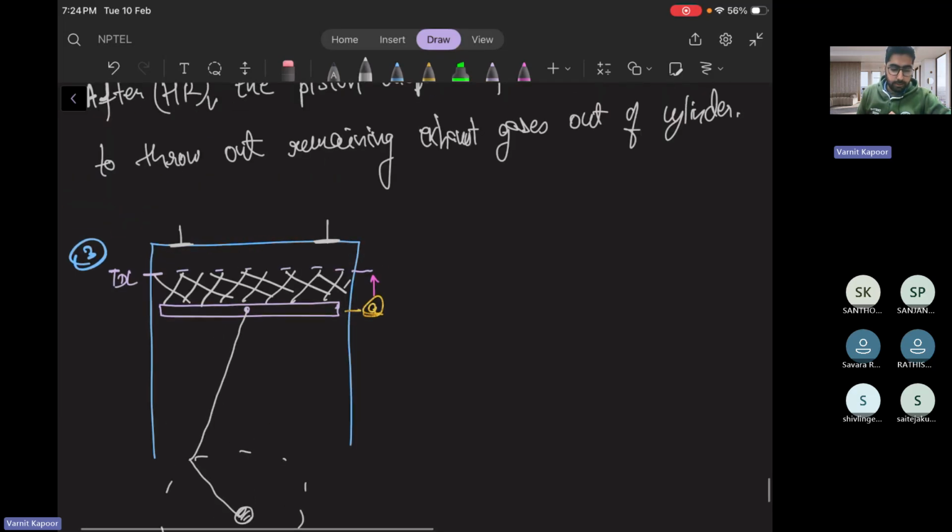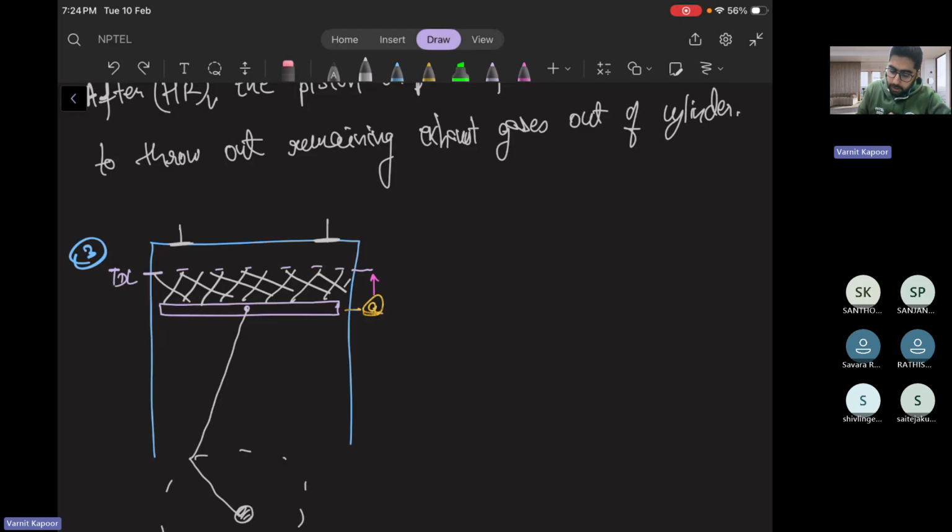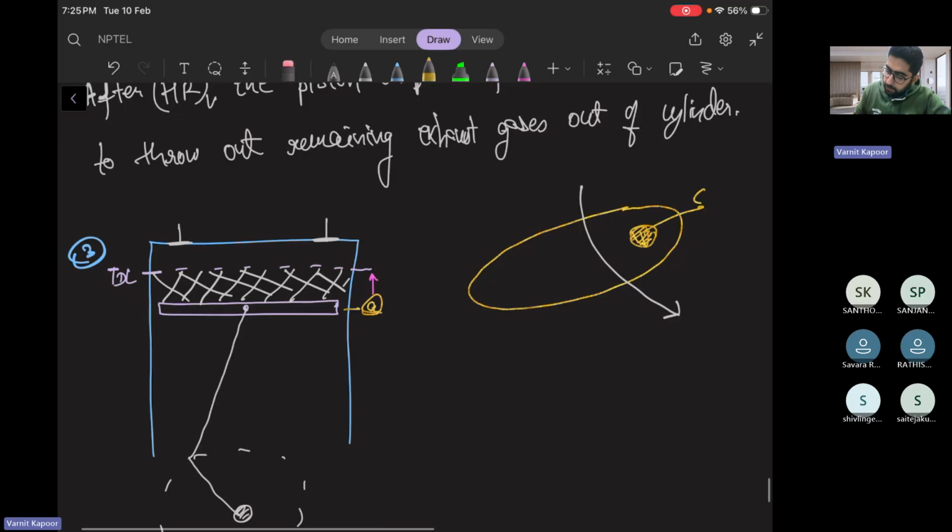If you see the timing chain, this is your camshaft. It is moving like this. I'm making a very elongated zoomed figure.